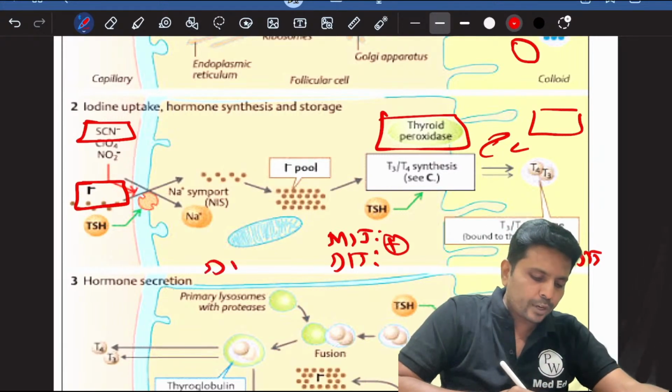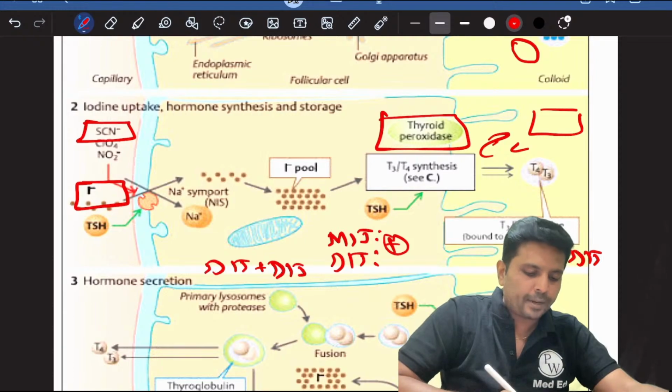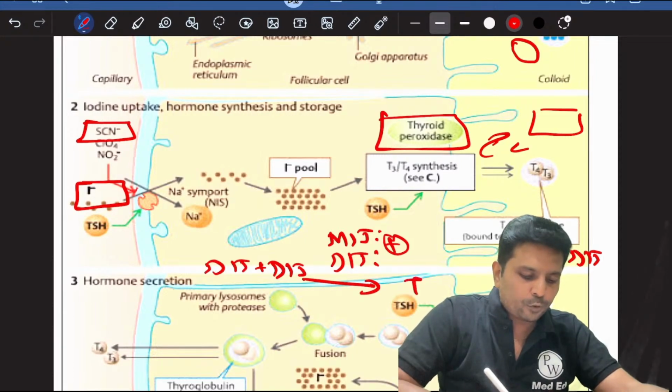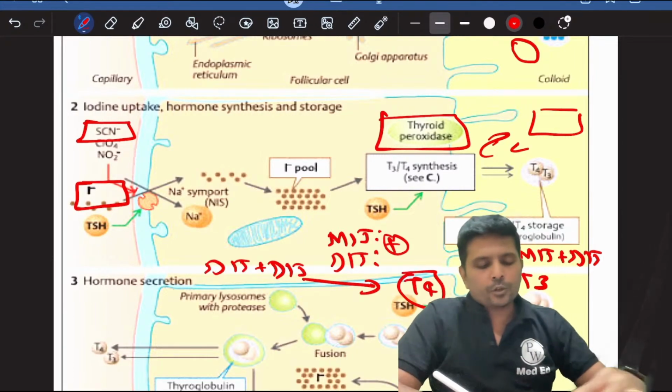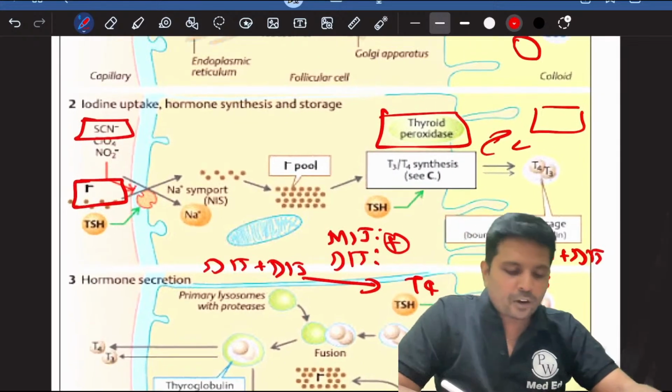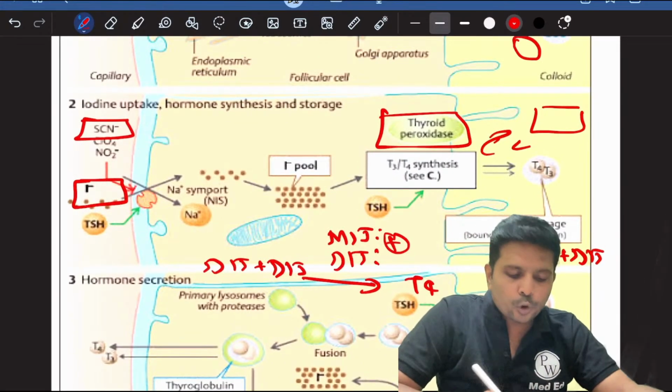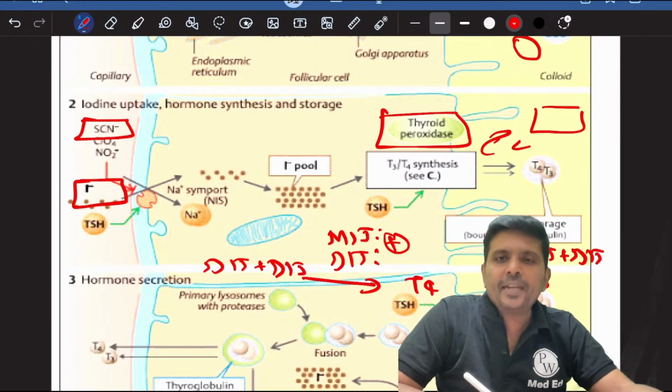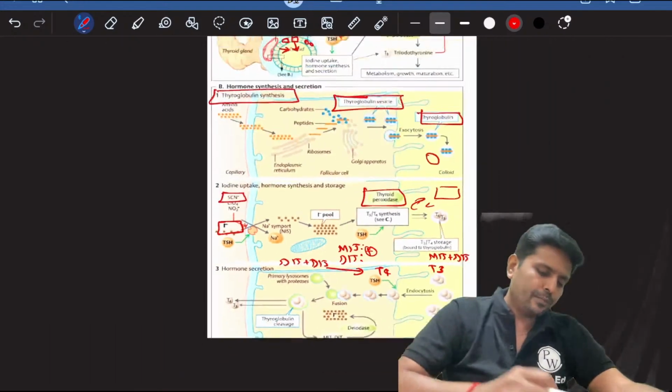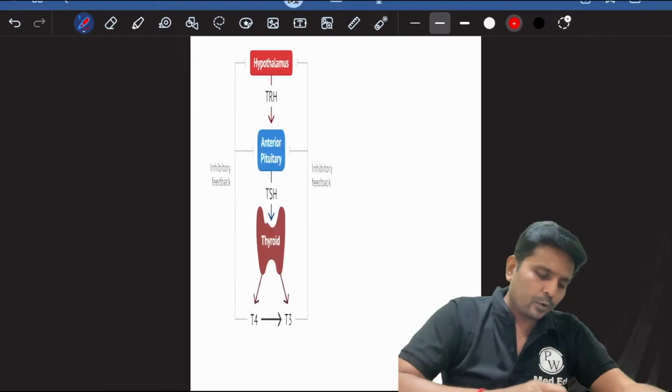Whereas when two diiodotyrosines combine, they form T4. So T3 and T4 will be formed and stored in the colloid, and when required, will be released into the circulation.